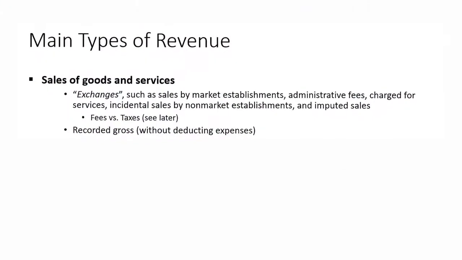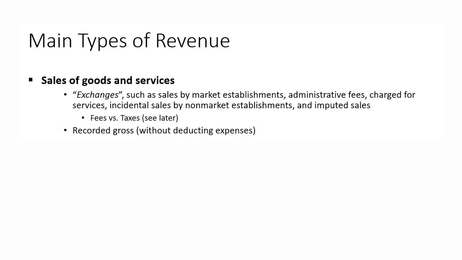Then government makes also revenue by sales of goods and services. Some things they sell, for instance, water or electricity or something. Or vaccination can be also. Or school fees. These are also sales of goods and services.